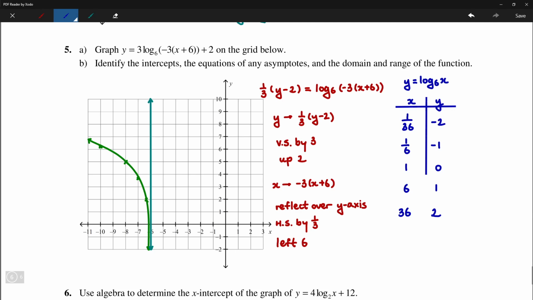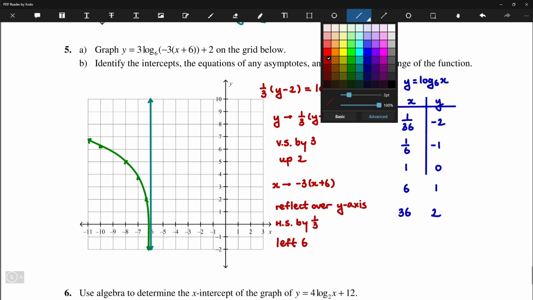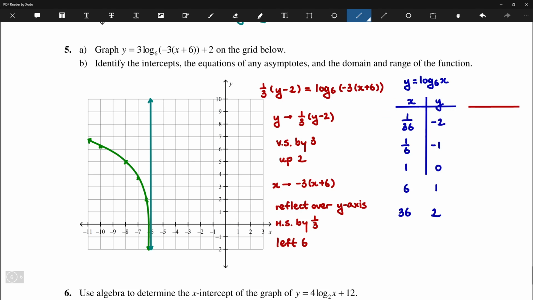And then we can apply the transformation to each one of these numbers. Just going to write this in red next to it. Right here. Okay, so for example, the 1/36, it's going to become quite messy actually. We reflect it over the y-axis, so it becomes -1/36.